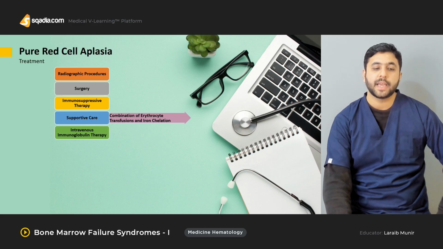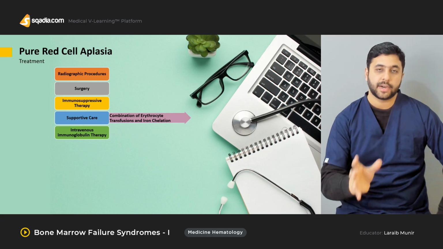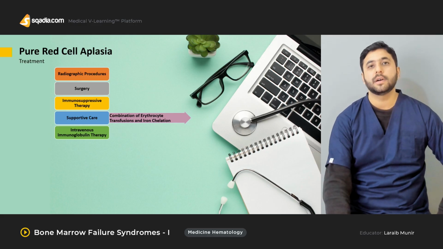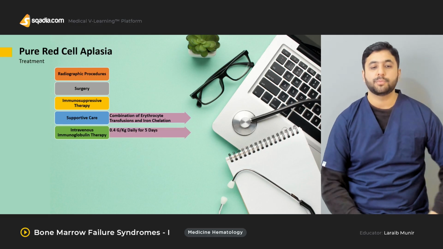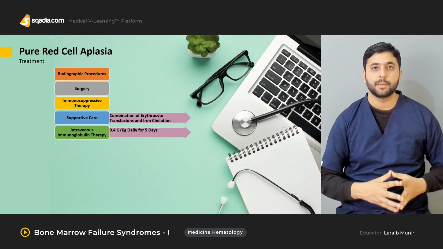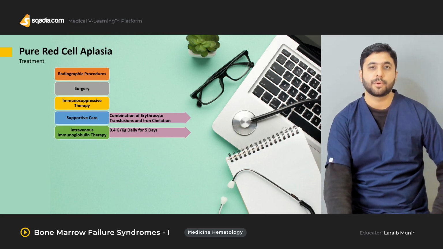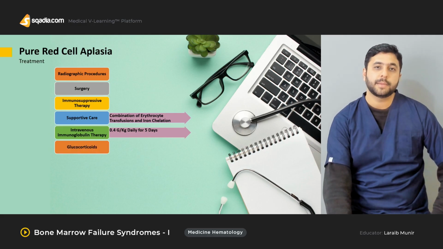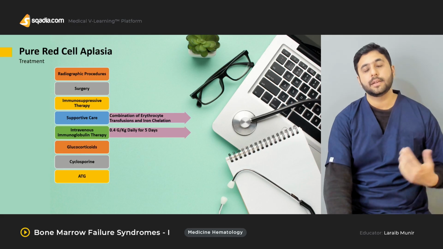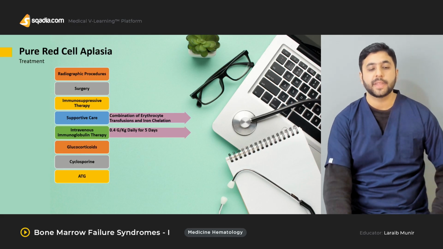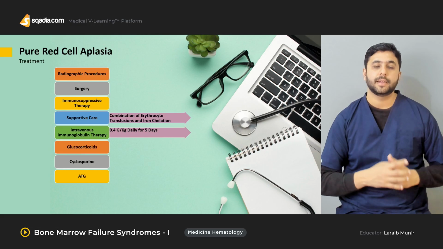IV IgG can be tried if there are antibodies to the RBCs' erythroid precursors, and the general dose is 0.4 grams per kilogram daily for about 5 days, and it generally takes care of the problem. Other immunosuppressants like glucocorticoids or drugs like cyclosporine can be used, and like in aplastic anemia, we can use ATG, or anti-horse thymoglobulin.